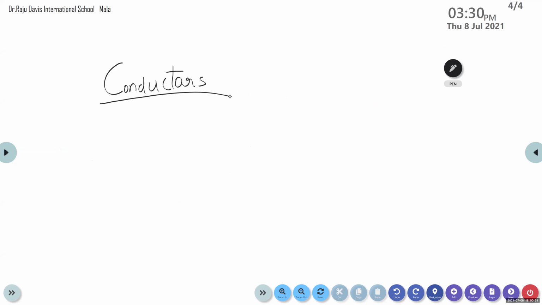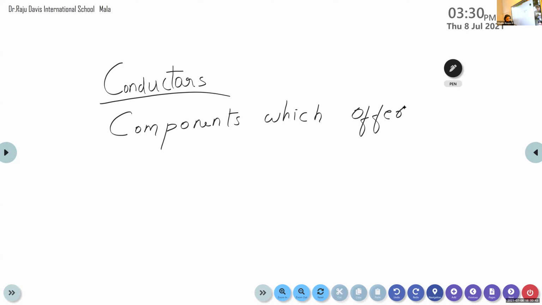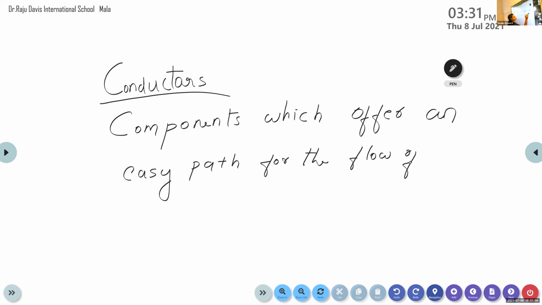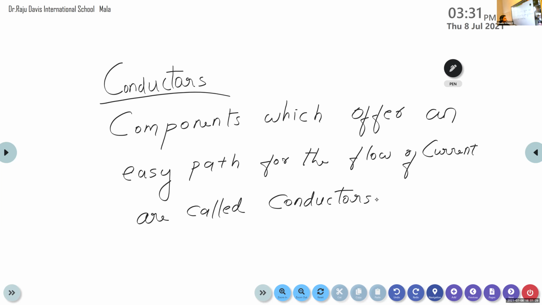The components which offer an easy path for the flow of current are called conductors.